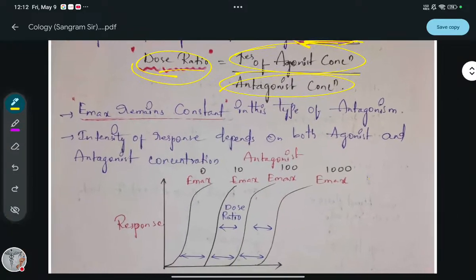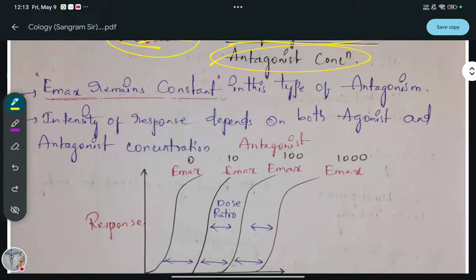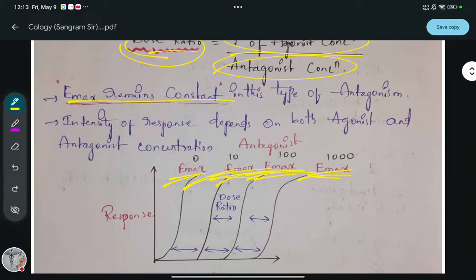Next, number 2 is Emax remains constant. What is Emax? Emax is the maximum rate, or it is also called saturation point, saturated. In that case all the cars will be at the saturation point. It is the final point. So Emax remains constant. What is Emax? It is the rate.